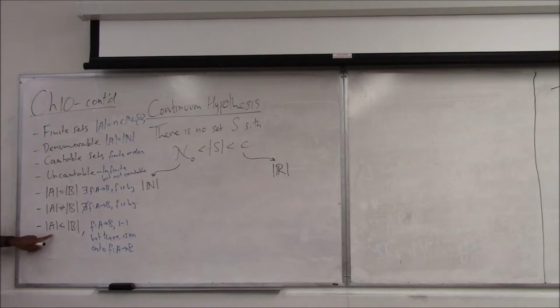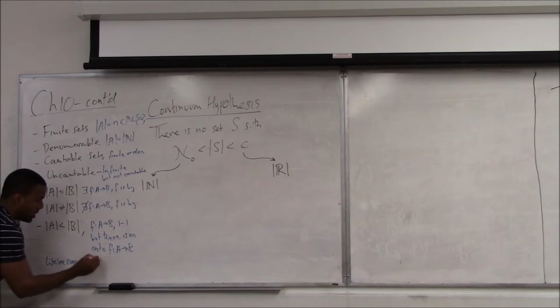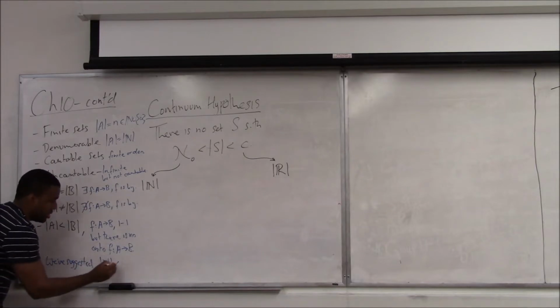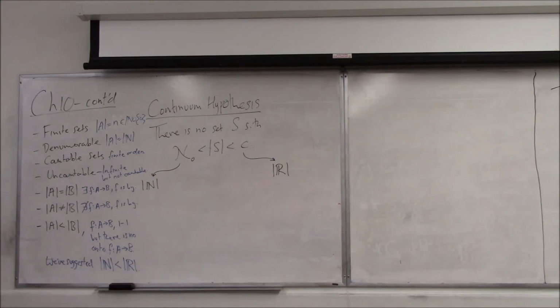We kind of showed this. We're going to see another way to see this, but we've suggested that the cardinality of N is strictly less than the cardinality of R, using Cantor's diagonalization argument.